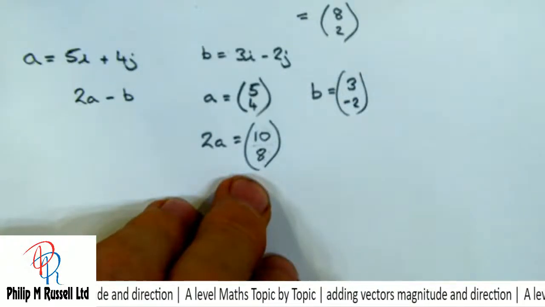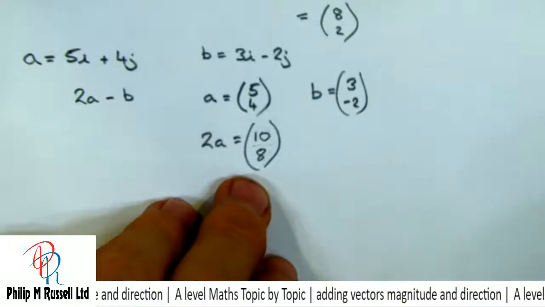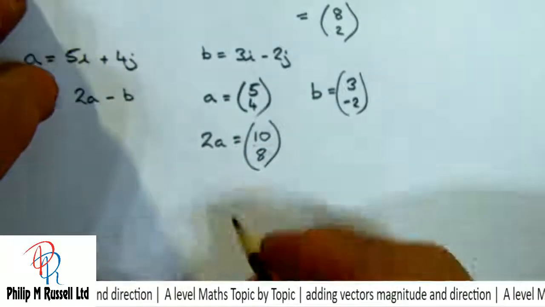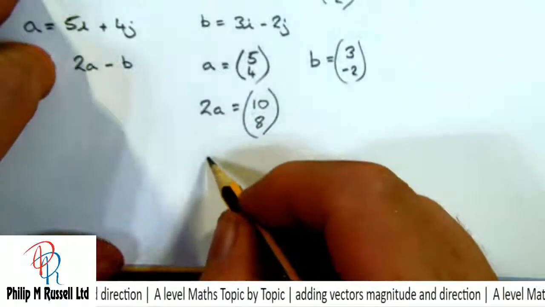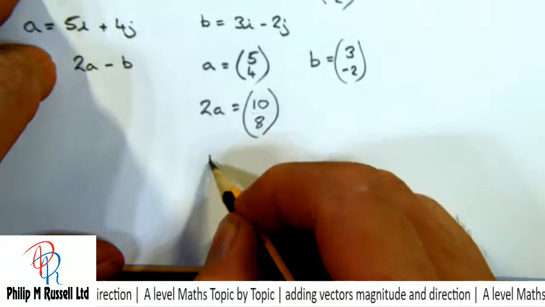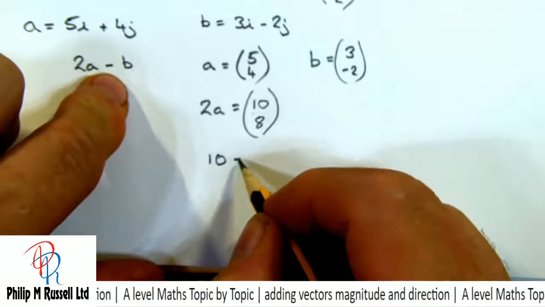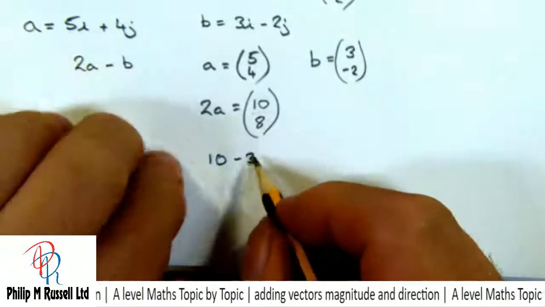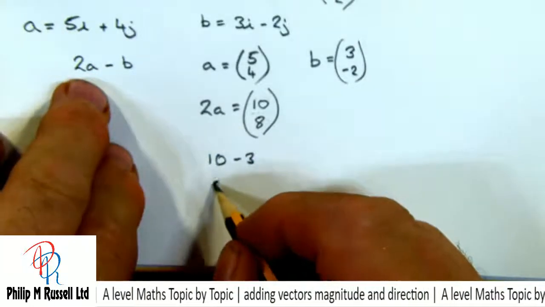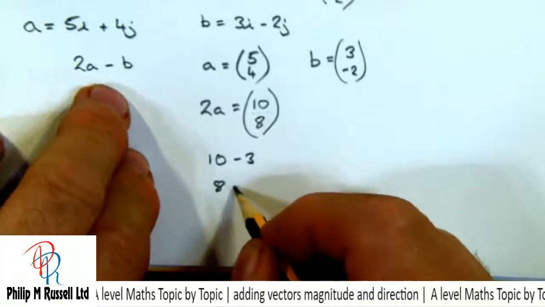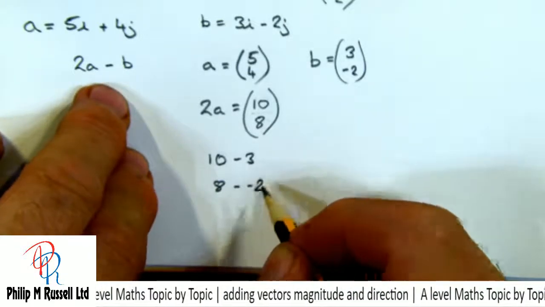So if I want to work out what this is going to be, then I could work it out simply as 10 minus 3, and 8 minus 2.